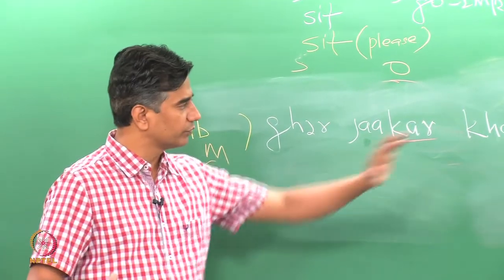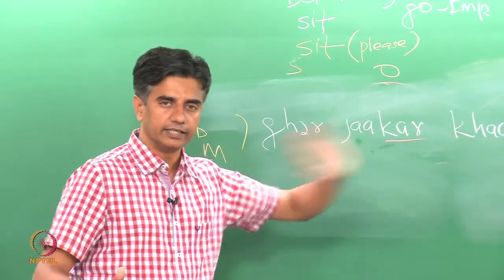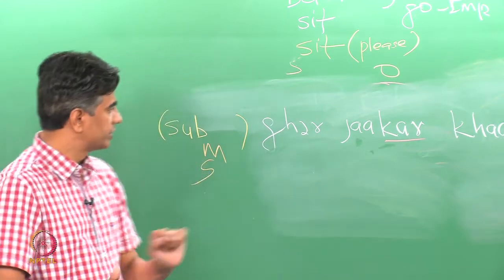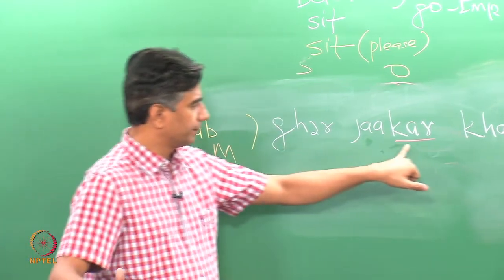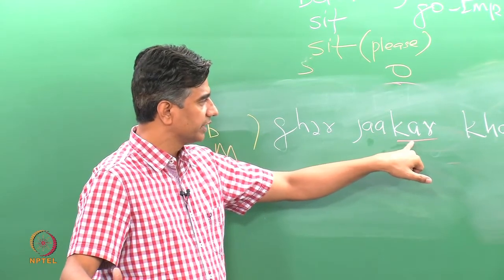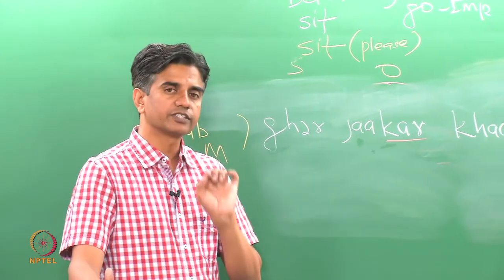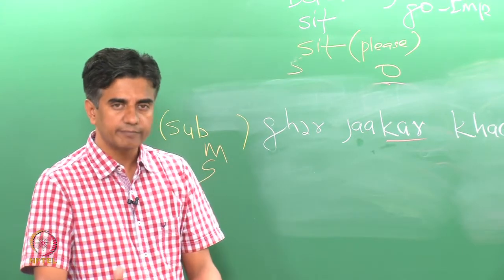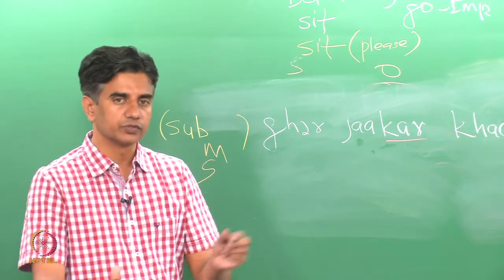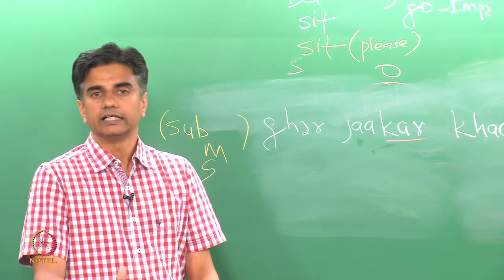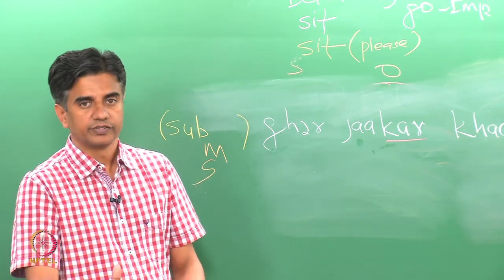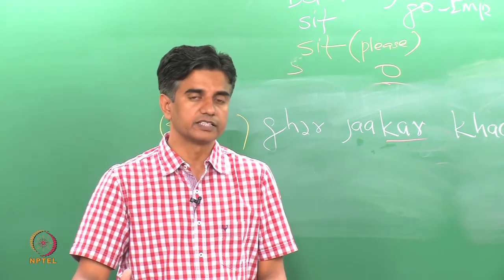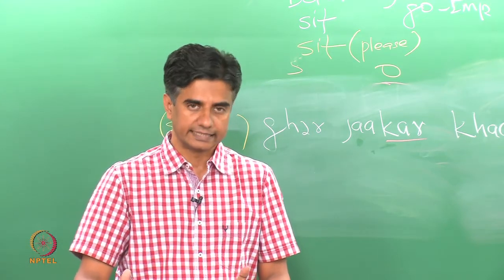One is compound verb, which we have already seen, and I leave that. The next part is conjunctive participle, which I want to draw your attention to, that kar are the markers of conjunctive participles. They attach to a verb stem, and then such verbs do not participate in agreement. We can have as many conjunctive participles as we like in a sentence.